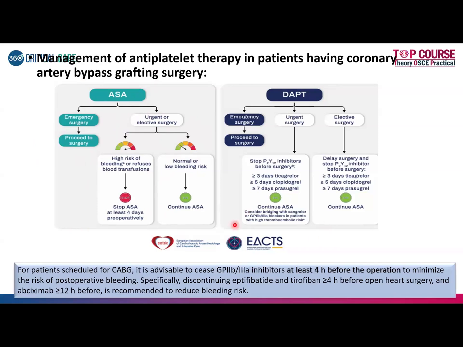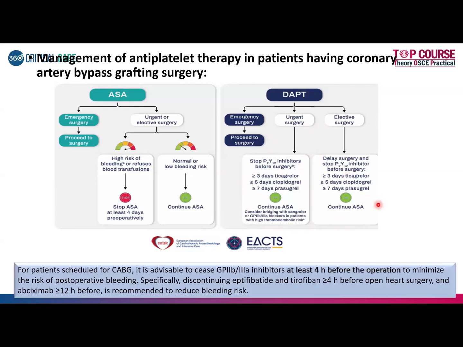But if the patient is on dual antiplatelets, what do we do? Emergency surgery, just proceed with the surgery. For P2Y12 inhibitors, what is supposed to be done? For ticagrelor, stop it more than 3 days, clopidogrel more than 5 days, and prasugrel more than 7 days. Continue with the aspirin and consider bridging with cangrelor or GP2B/3A blockers in high risk thromboembolic cases.